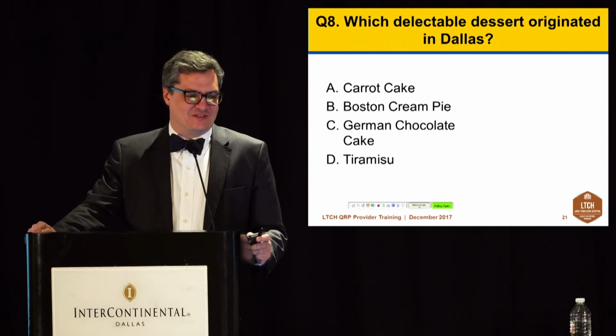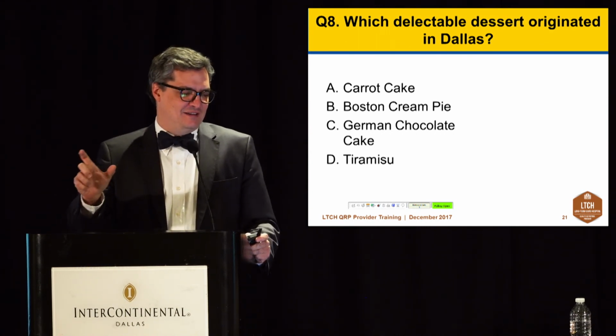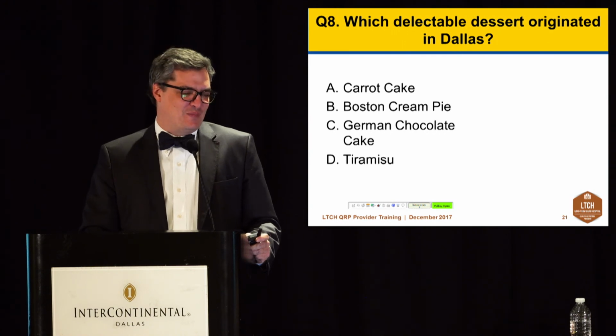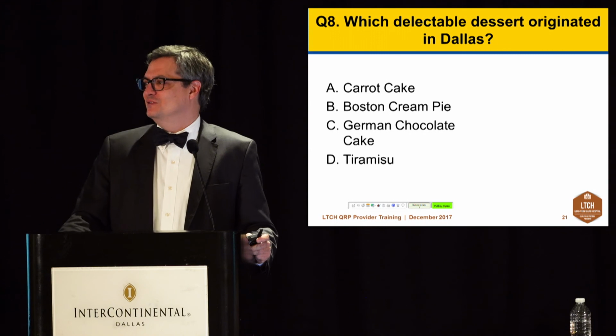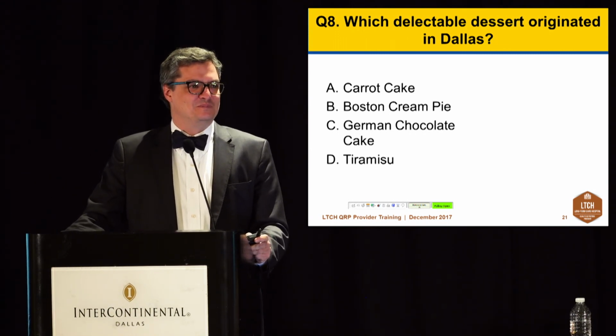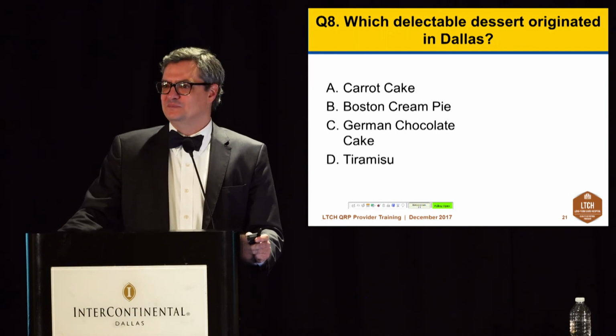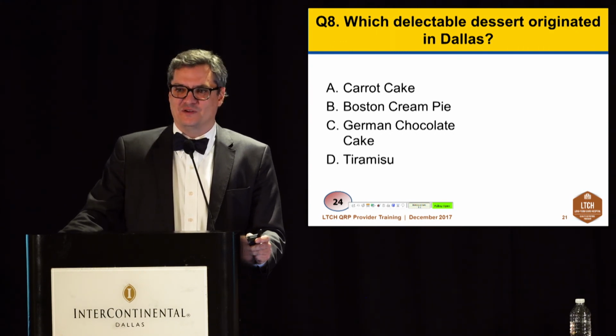And our last question, which delectable dessert originated in Dallas? So there's a hint, because it says delectable, and the first choice is A, carrot cake, B, Boston cream pie, C, German chocolate cake, or D, tiramisu? The responses are slower.